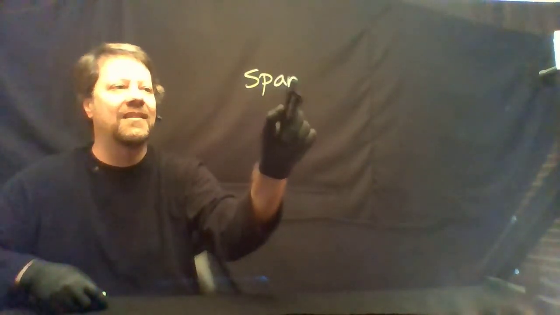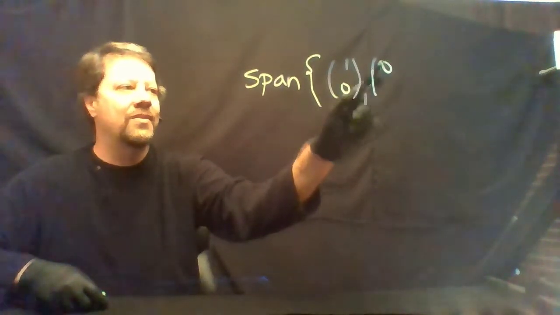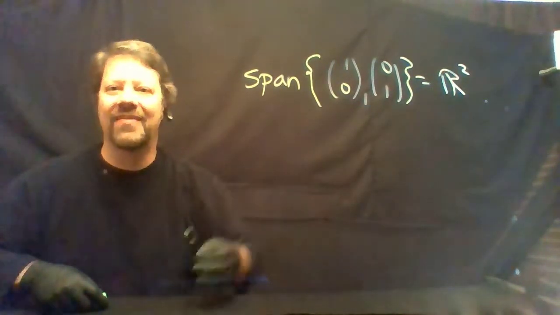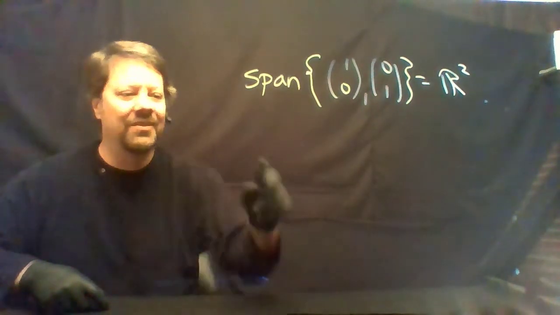We're trying to get at the question, given some vector space, what is the minimum number of vectors that it takes to reconstruct every vector in that vector space by constructing a span? We already know that the span of (1, 0), (0, 1) is all of R2. We can use two vectors to construct R2.